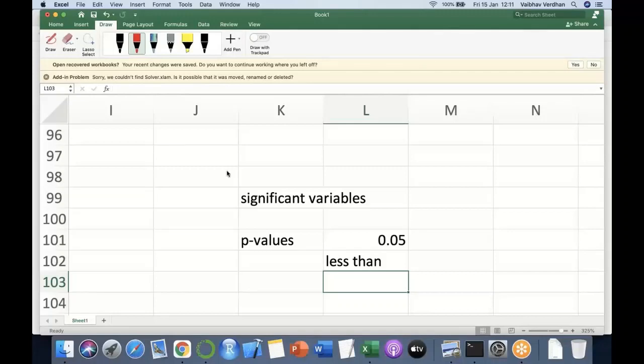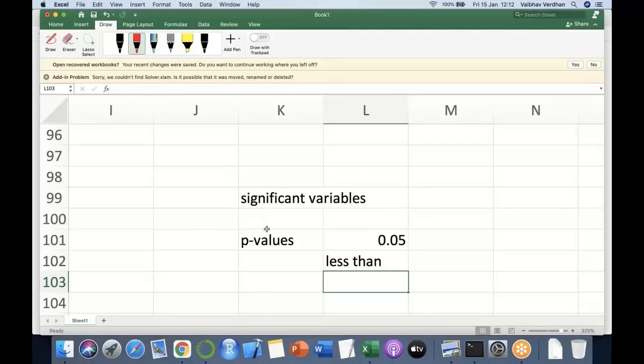So in simple terms, it is less than 5% probable that your dependent and independent variables are not related, or in other words, your dependent and independent variables have a relationship between them. So this is how you can select your significant variables.